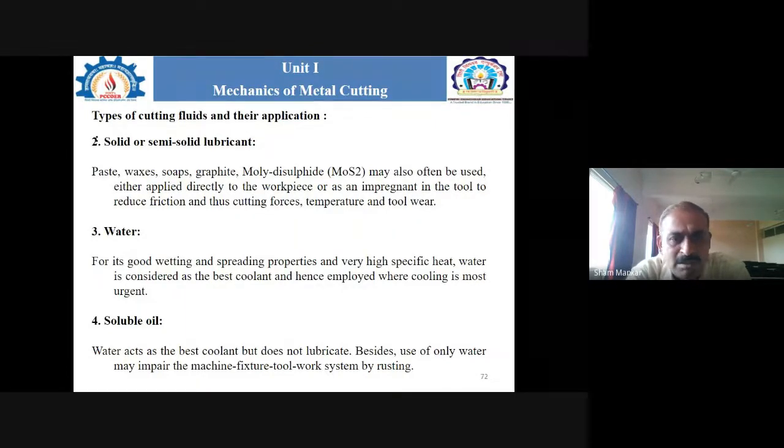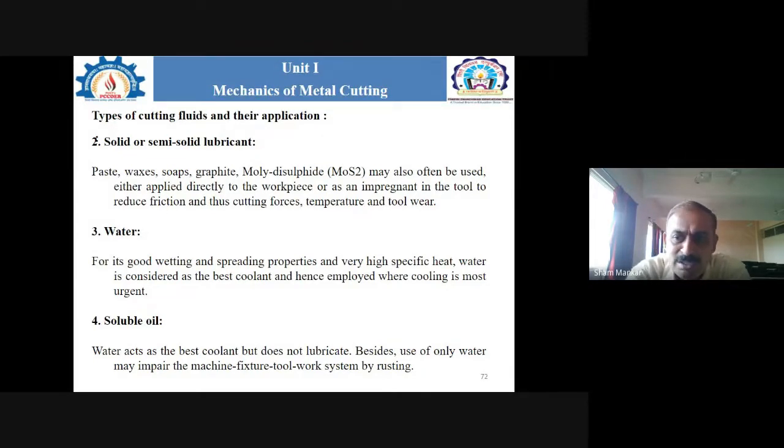But whatever it is, the aim is the same: to reduce the friction, to minimize the temperature, and to reduce the tool wear. Apart from that, the fourth category of cutting fluid is water.